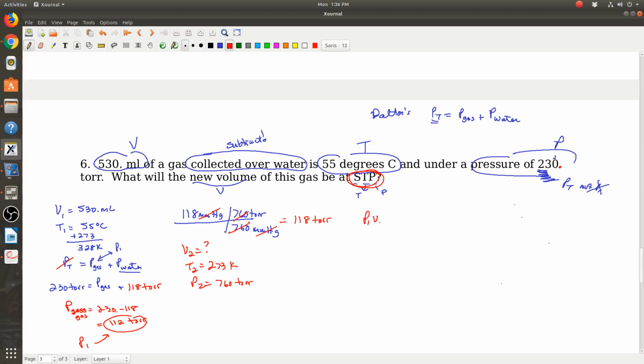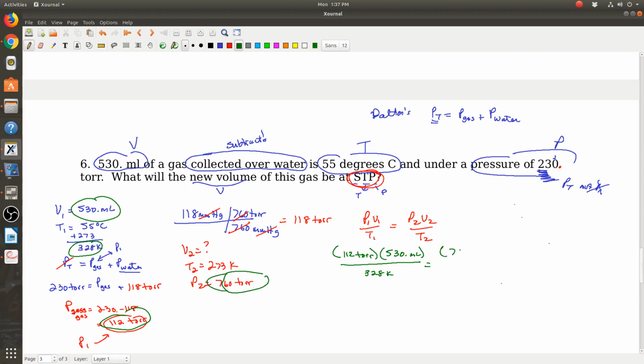So P1 V1 over T1 equals P2 V2 over T2. Add them in there and start doing the math. P1 is 112 torr. V1 is 530 milliliters. T1 is 328 kelvins. P2 is 760 torr.